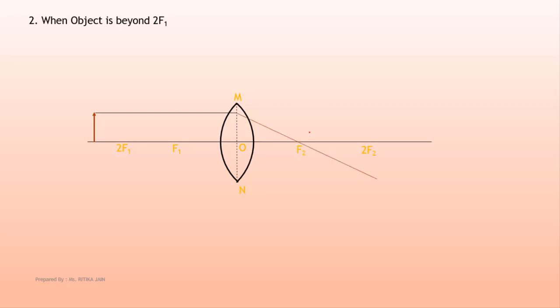After refraction, it will pass through focus. Second, it will pass through optical center. Now here, instead of P, we will be having O, that is optical center. It is the center point, okay, on which we have drawn a perpendicular reference line.